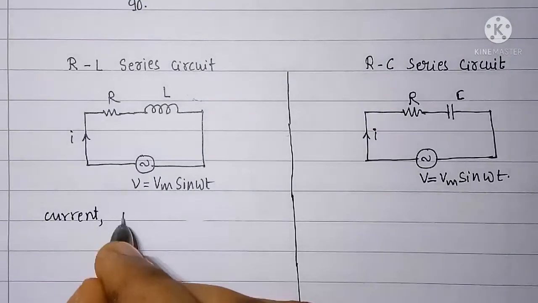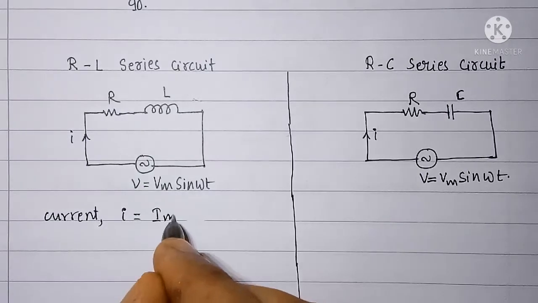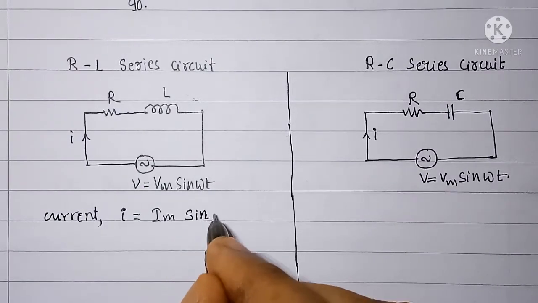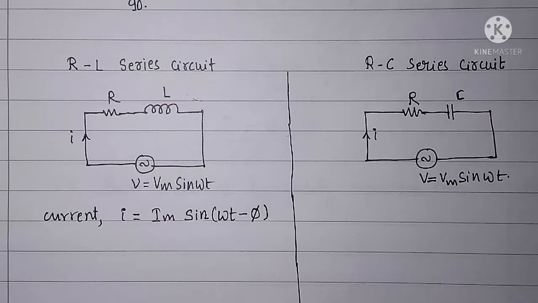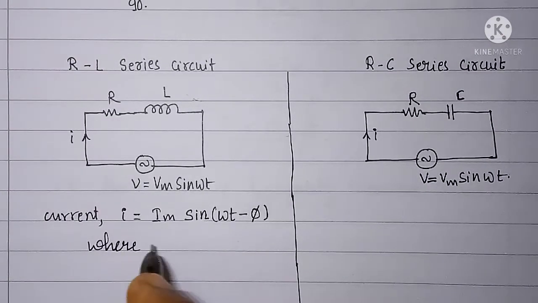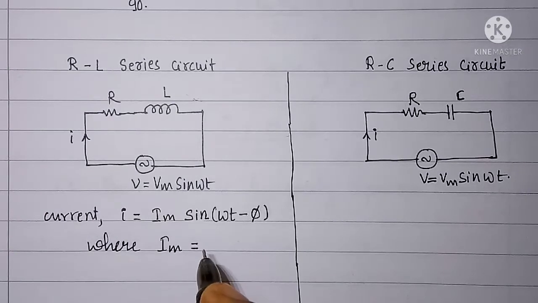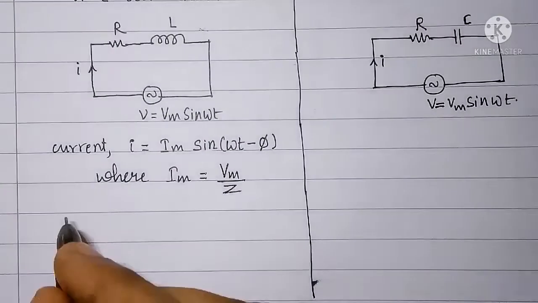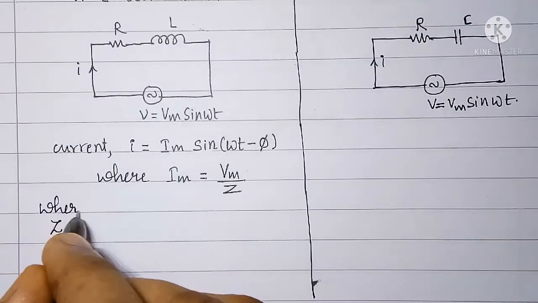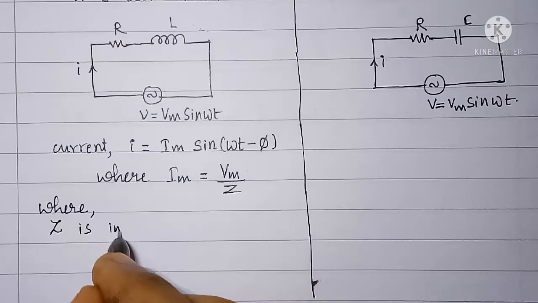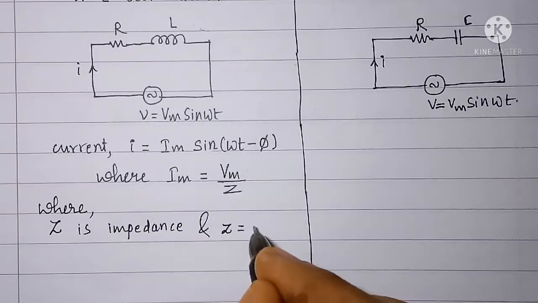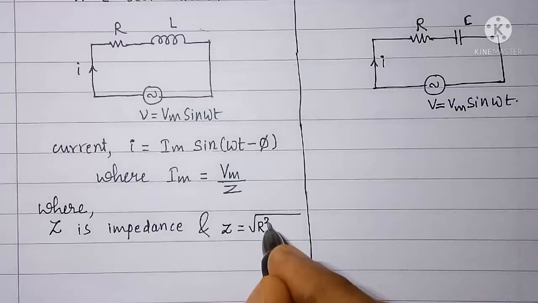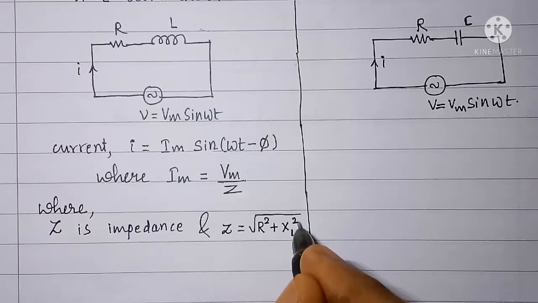So current I expression may be written as Im sine of omega t minus phi, where Im is equal to Vm by Z, where Z is impedance and Z is equal to under root R square plus XL square.